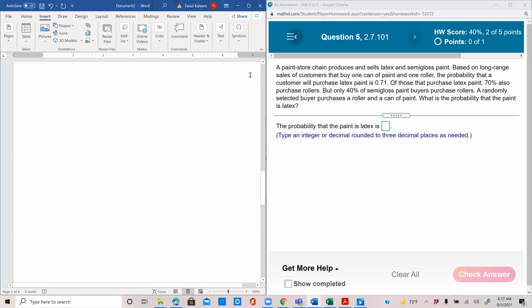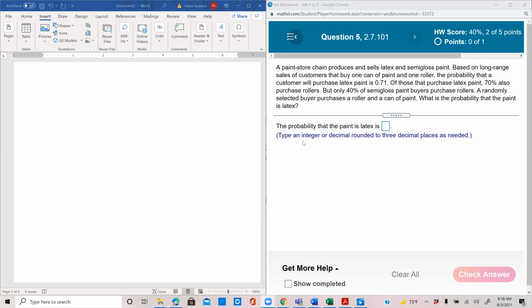Of those that purchase latex paint, 70% also purchase rollers, but only 40% of semi-gloss paint buyers purchase rollers. A randomly selected buyer purchases a roller and a can of paint. What's the probability that the paint is latex?